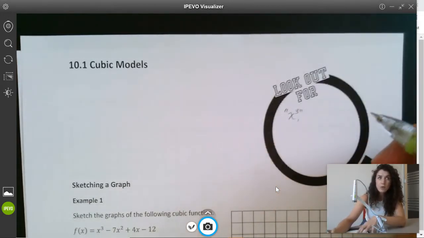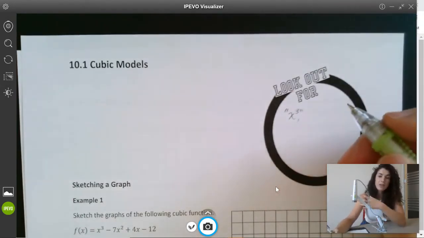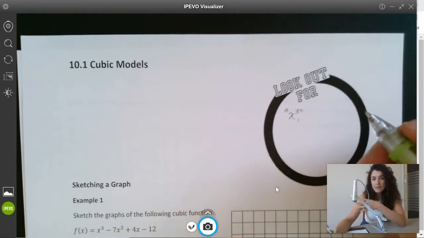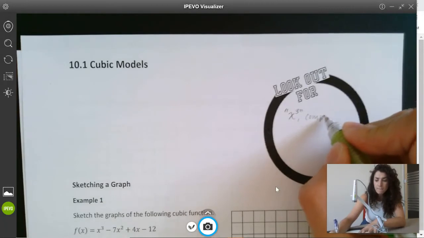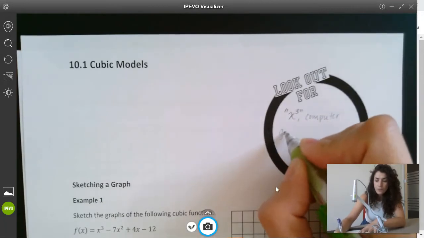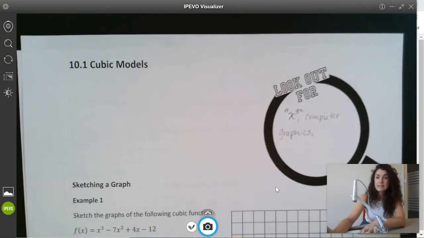The types of relationships that we will be modeling that will result in cubic models are types of three-dimensional space. That's our biggest thing. So, for instance, computer graphics. Computer graphics and computer programming work with three-dimensional space. It takes a 3D world and turns it into an approximation in a two-dimensional space.